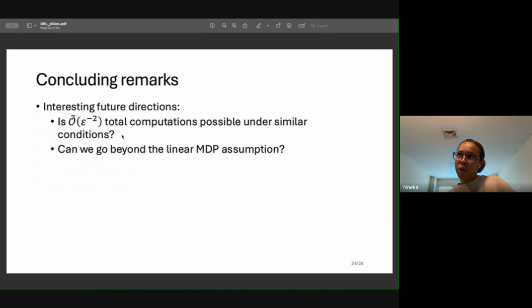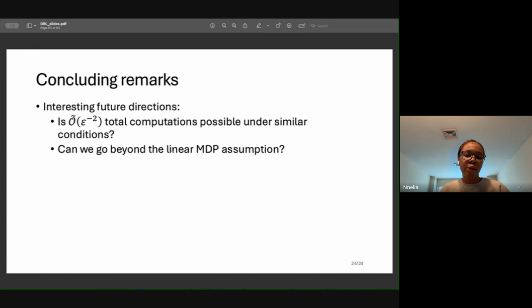And this is an interesting question because the work that I talked about, the work of Zanetti et al., have shown that you can get a fully efficient method under this weaker unidirectional coverage condition in the setting of Bellman completeness.